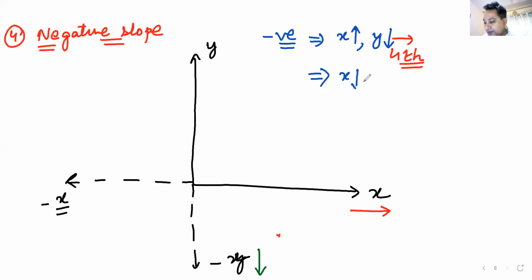X decreases, y increases. Some of you told me the reverse of it. Some of you told me, sir, y increases and x decreases. No, we cannot say it that way, because x is the independent variable.